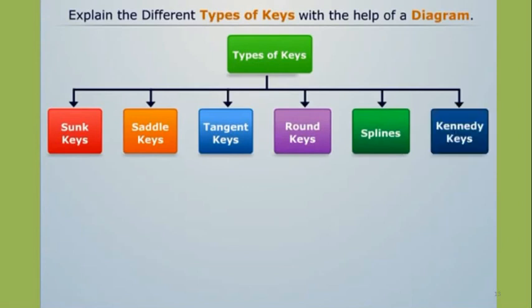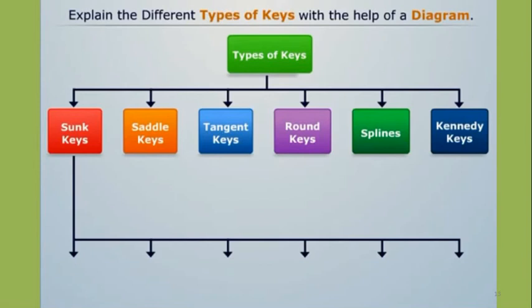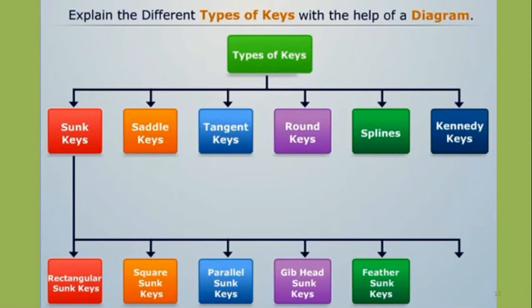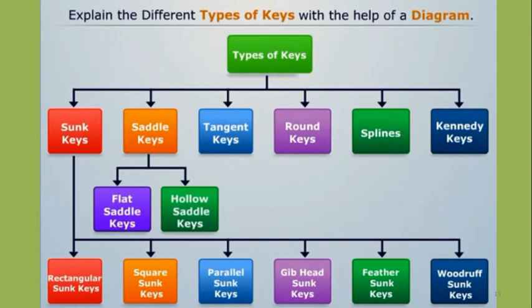Sunk keys are further classified as rectangular sunk keys, square sunk keys, parallel sunk keys, ship head sunk keys, feather sunk keys, and woodruff sunk keys. Saddle keys are further classified as flat saddle keys and hollow saddle keys.